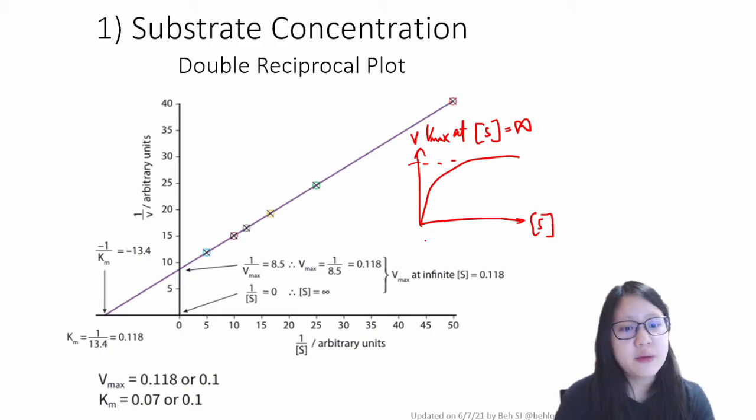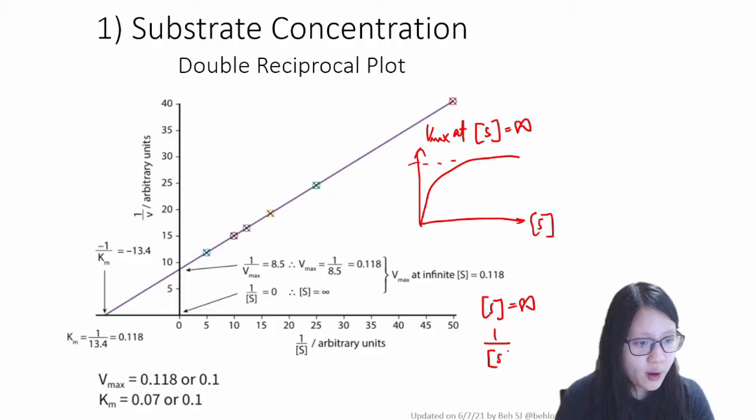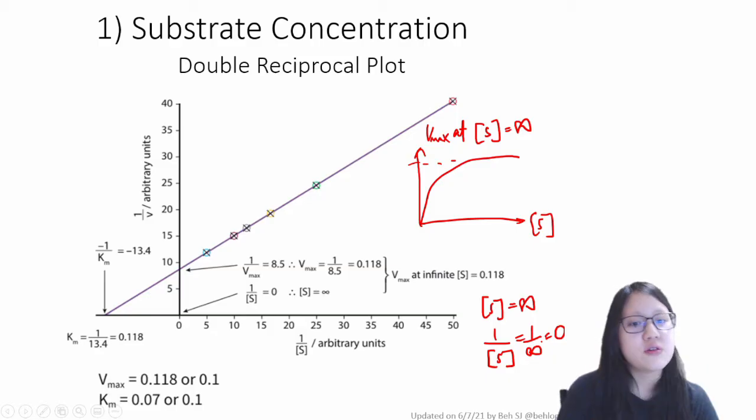So how do we find Vmax on this graph? Let's find 1 over substrate concentration and 1 over Vmax. So if substrate concentration equals infinity is Vmax, it should be 1 over substrate concentration, which is 1 over infinity, is 0. It's too small, so it's 0.